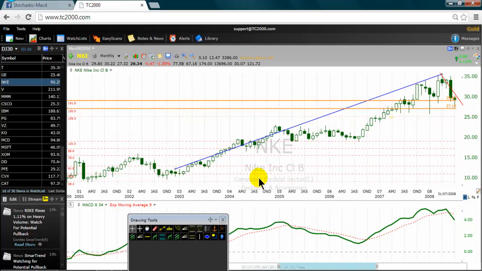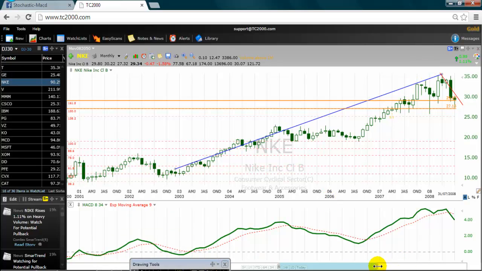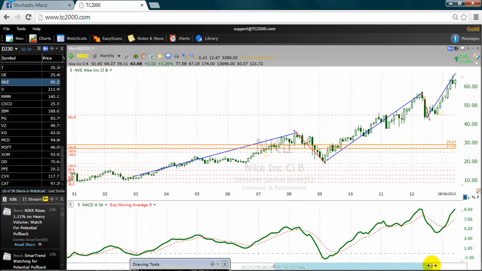At this point in time, you can see that this stock, Nike, reaches the overbought zone. But at this point in time, it was not completely bearish. It went up a little bit more, but it was in overbought zone. As I explained to you, we combine the fundamental and the technical analysis.